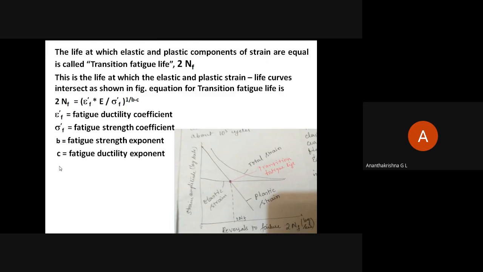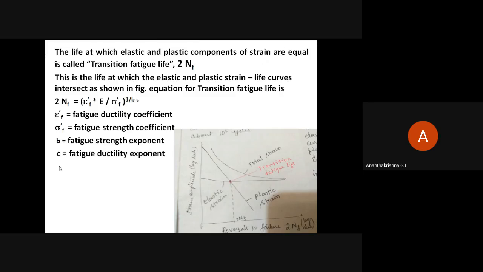Epsilon dash F is the fatigue ductility coefficient. Capital E stands for Young's modulus. Sigma dash F is the fatigue strength coefficient. B is the fatigue strength exponent. C is the fatigue ductility exponent.